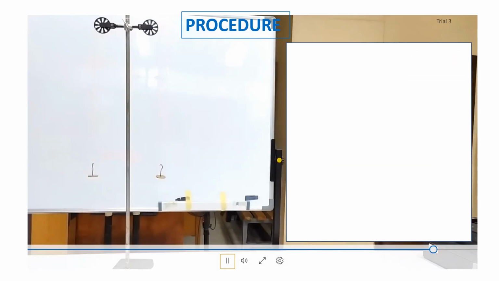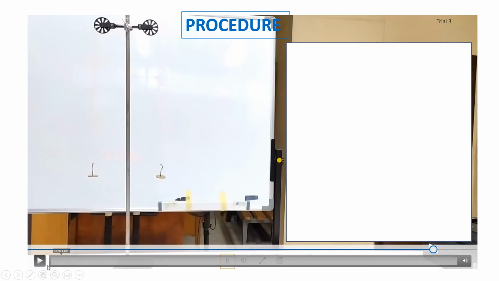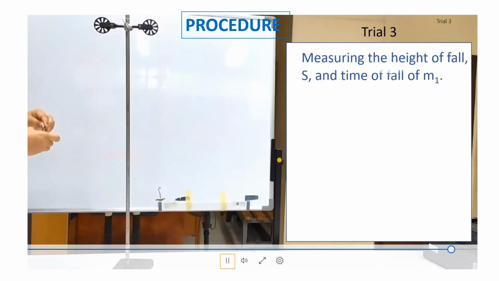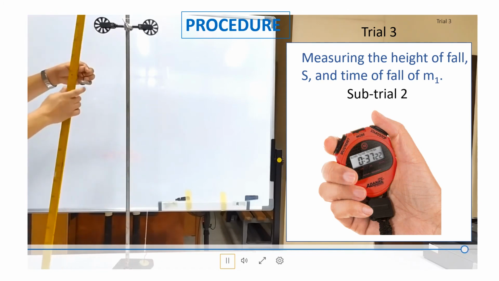For sub-trial 2 of trial 3, hang the m-1 and m-2 properly. With the same distance of fall as the other sub-trials, position the behavior mass above m-2. The time of fall will be recorded by the stopwatch.